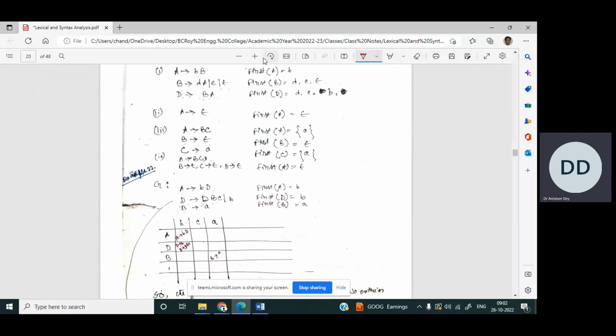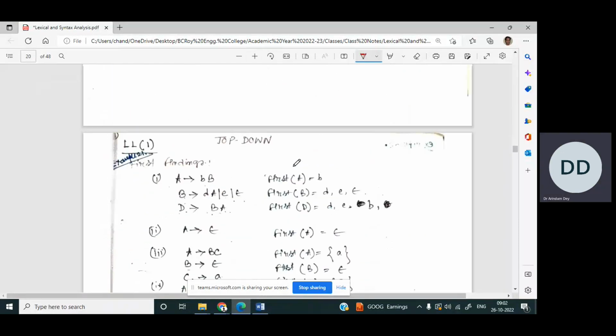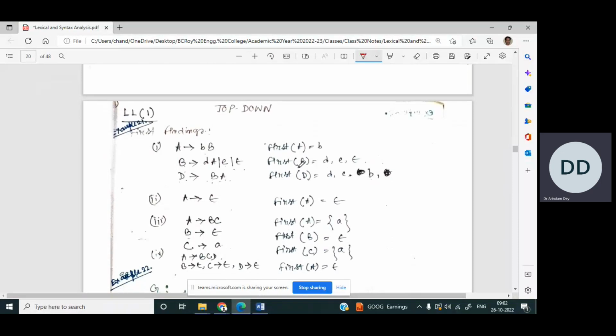This is the first portion where I will start. Here, mainly we'll be focusing on this LL1, as I said. Now, I hope you can remember I said two terms. One is called LMD, another was RMD: leftmost derivation and rightmost derivation.